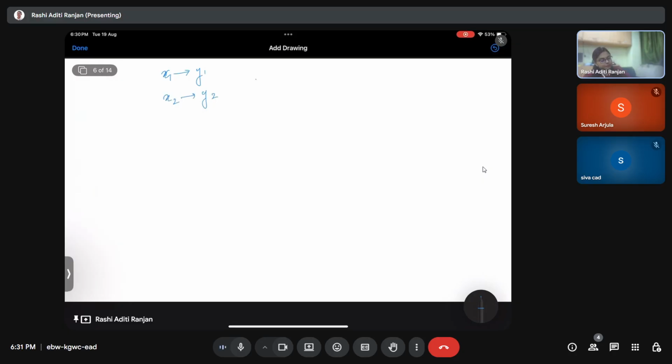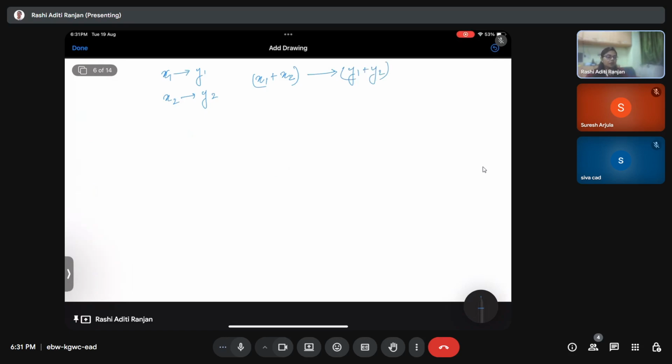And the principle of superposition says that if I give an input of x1 plus x2, I'm going to get a response of y1 plus y2. Okay, and this is true for only a linear system.